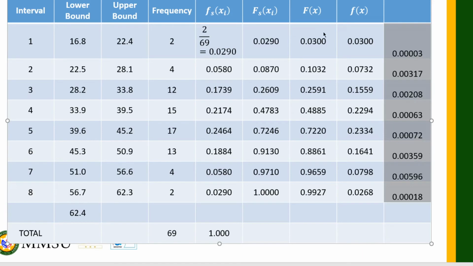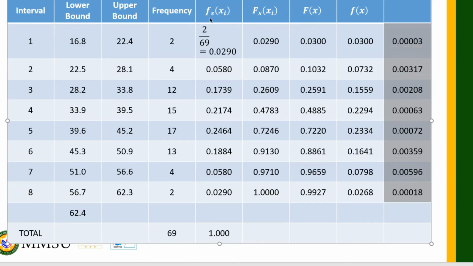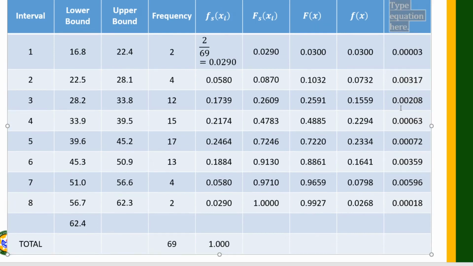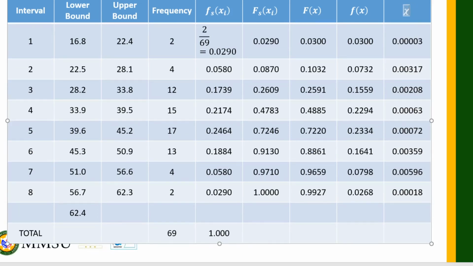So, nandyan na yung ating chi-square values. So, we have the chi-square. And the total, galing ulit sa Excel. Okay, copy lang from Excel. So that is now my total.